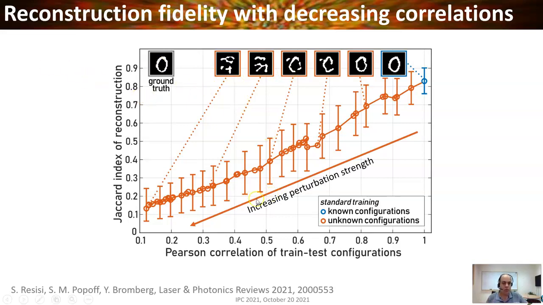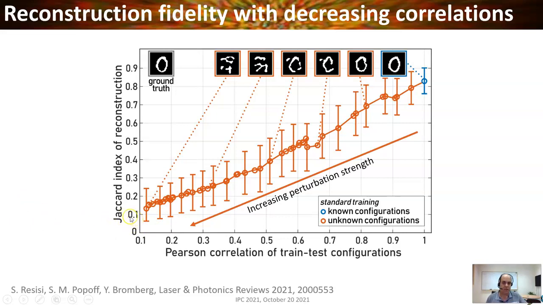Now, what we want to achieve is a good reconstruction for random configurations. Random configurations mean configurations that weren't part of the training set and that are strongly perturbed relative to the training set, meaning that they have low Pearson correlation with the training set.